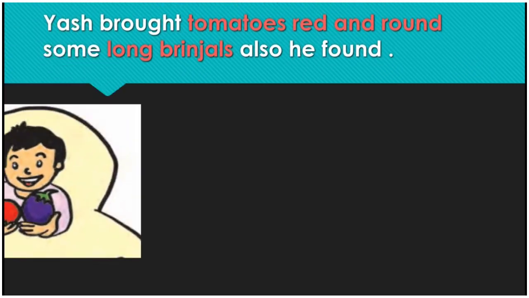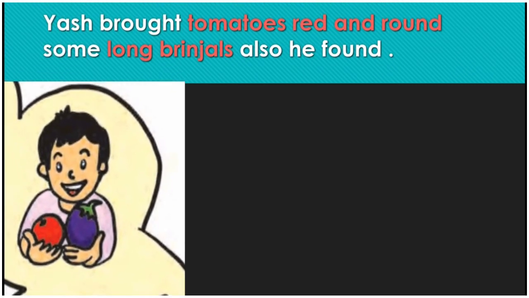See next now. Yash brought tomatoes, red and round. You can see, students, there is one boy, his name is Yash, and he brought tomatoes, red and round. You can see the color of the tomatoes is red, and its shape is round. Some long brinjals also he found.